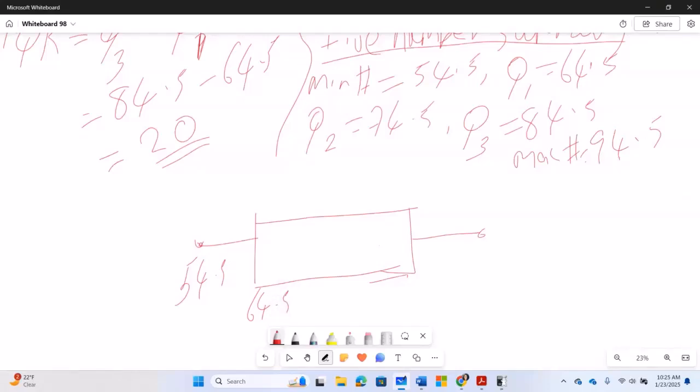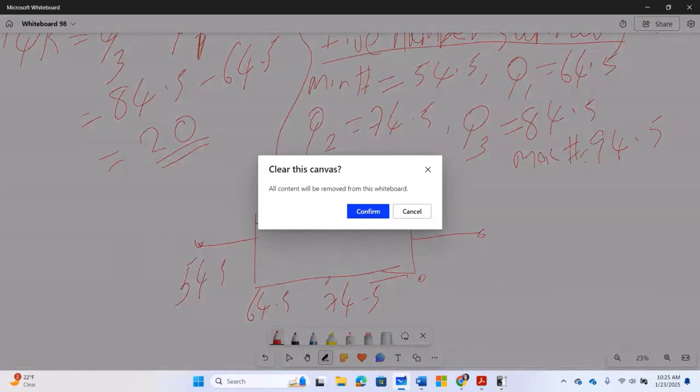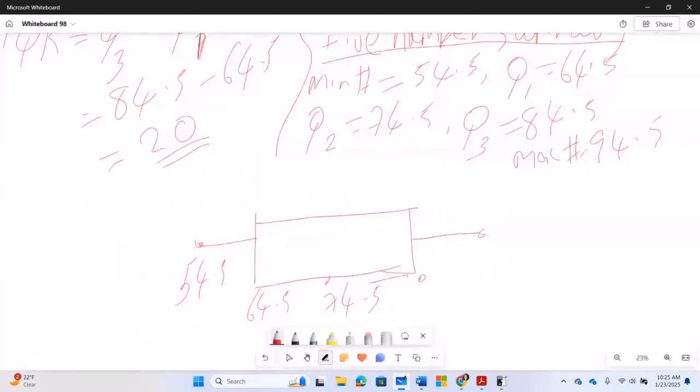The median is 74.5. So what I'm saying is that you could be told to draw a box plot, and you already know the 5-number summary. All you need to do is put the 5-number summary on the diagram.